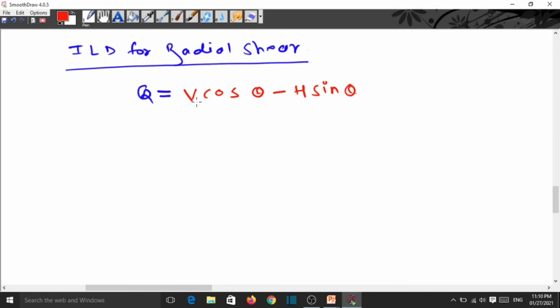Now again the same procedure. We have to draw the ILD for this V, then multiply by cos theta, again ILD for H and multiply by the sin theta. Now for this three-hinged arch, suppose this three-hinged arch is parabolic like this.